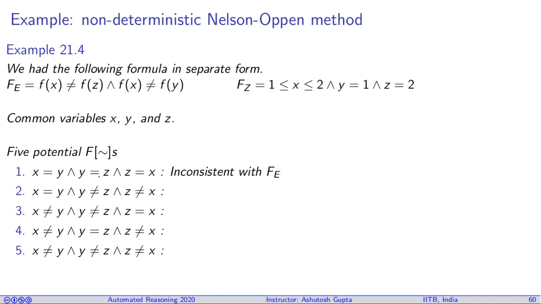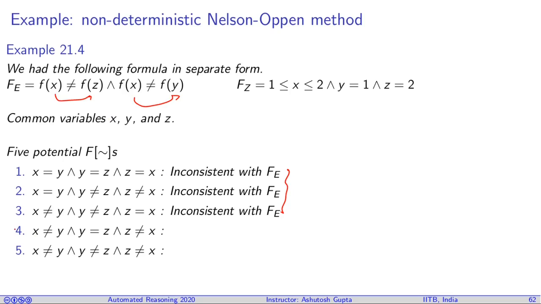You can easily see that this is inconsistent with the equality part. This is saying all three are equal. If you say all three are equal, that is not possible, since then f(x) equals f(z), and this contradicts. If x and y are equal, then this also will contradict. So for all these three choices, when you try to make x and z equal or x and y equal, they contradict the theory of equality.